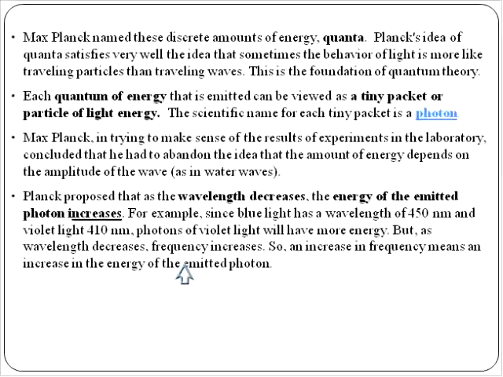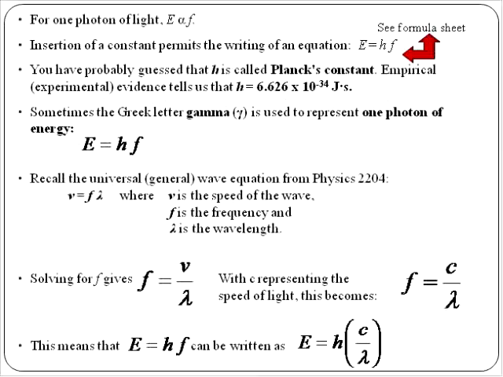In fact, Planck actually came up with an equation. If energy is proportional to frequency, then by putting in a proportionality constant, we can say E equals h times f. That formula is actually on the formula sheet. E equals hf. That's the energy of a photon.